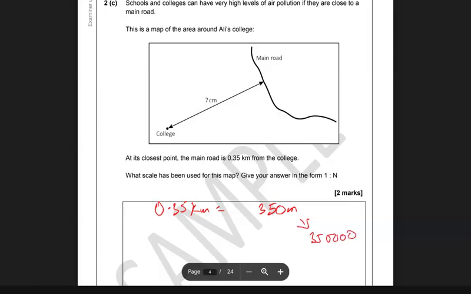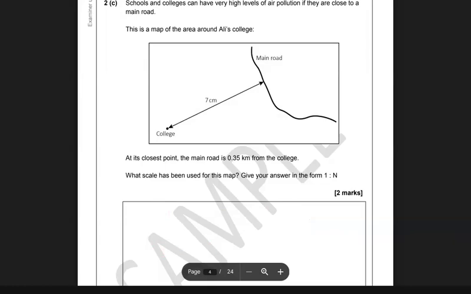Then the scale is just divide that one by 7. That gives you 5,000. So it's going to be 1 to 5,000. So any question on that? If you have any question on it, just let me know.